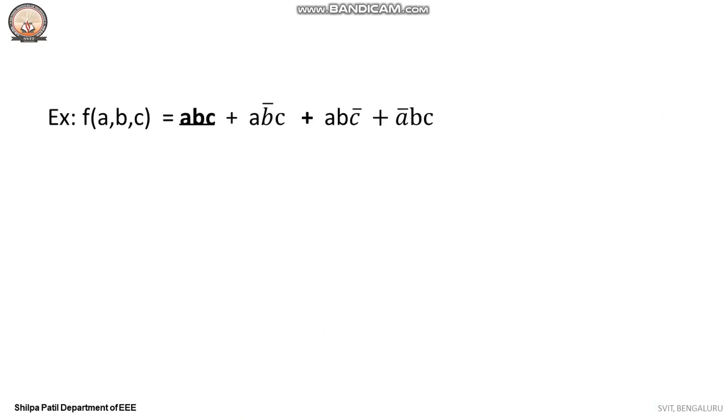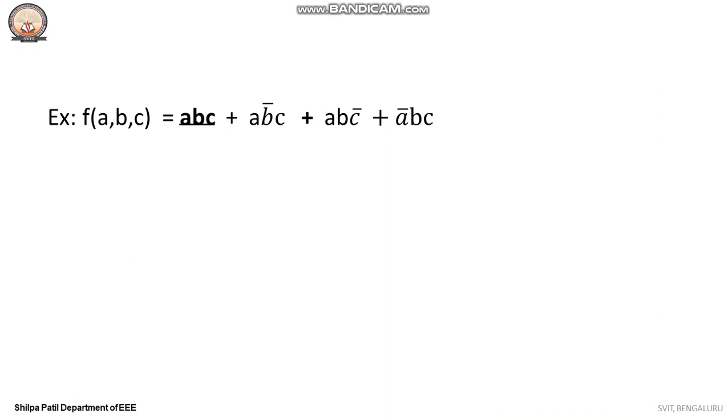We will take an example here. The given expression is in the standard form: f of a, b, c. All the product terms have all the variables, so it is a standard SOP. As already told, in standard SOP each product term is a min term.